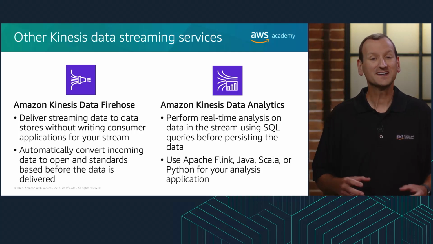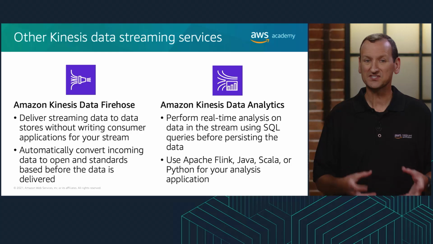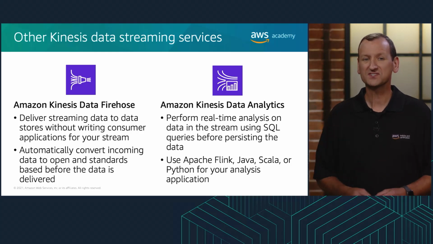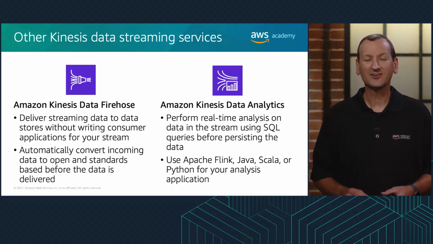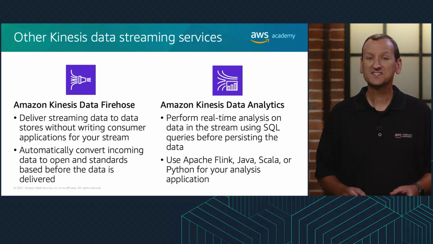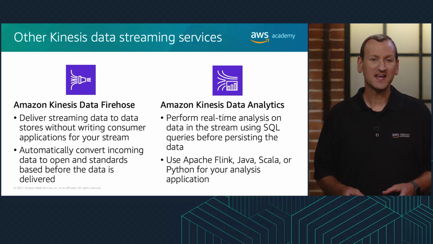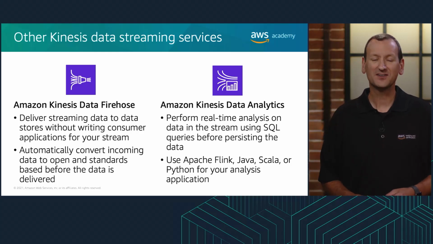With Kinesis Data Analytics, you can do real-time analysis by using SQL queries before persisting the data. The service is designed for near real-time queries, and you can aggregate data across a sliding window. With Kinesis Data Analytics, you write SQL statements or applications and then upload them into a Kinesis Data Analytics application to perform analysis on the data in the stream.